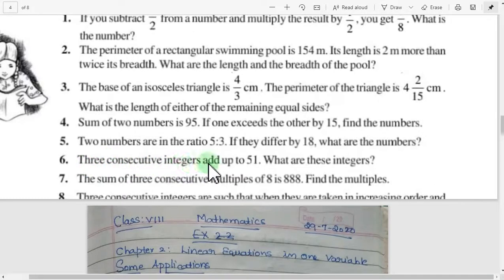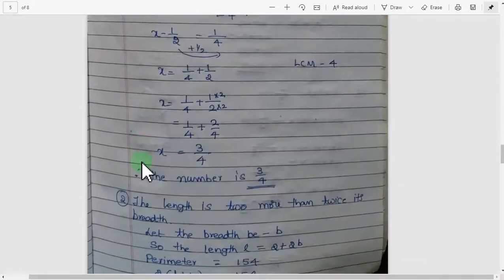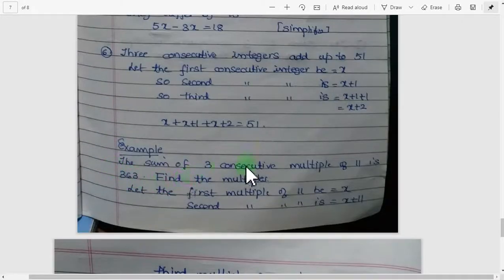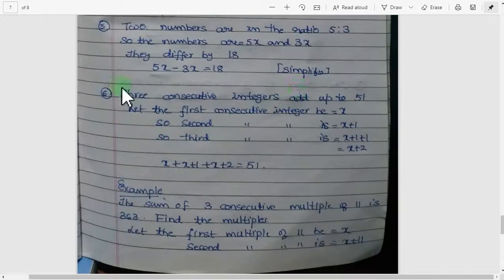Three consecutive integers add up to 51. What are the integers? Three consecutive integers mean continuous numbers. See, 36, 37, 38 are consecutive integers.